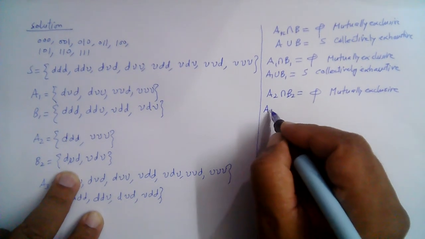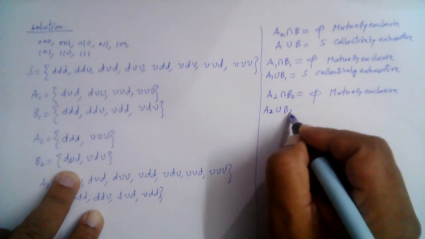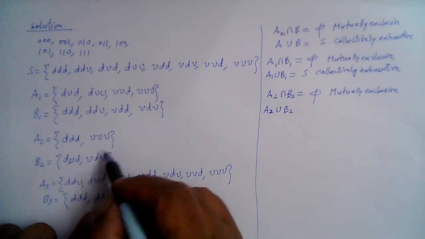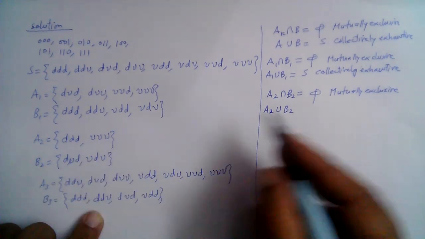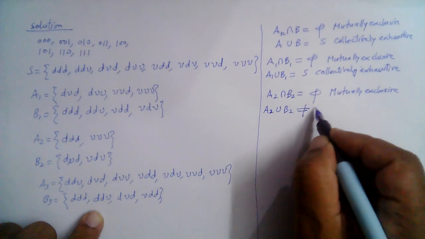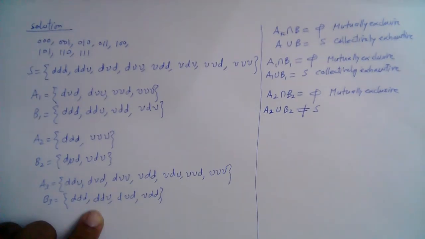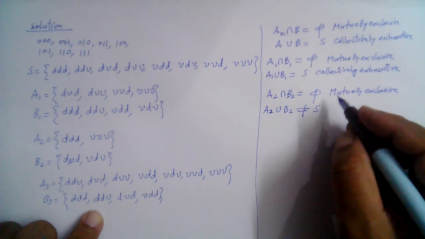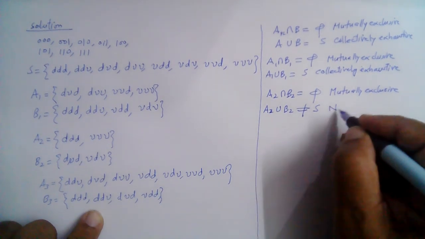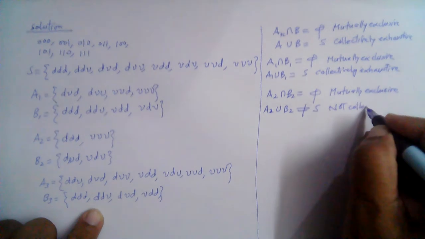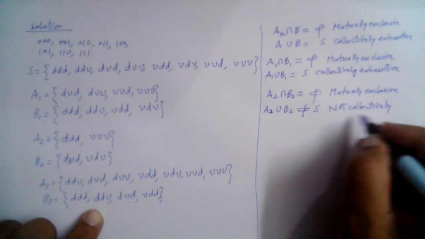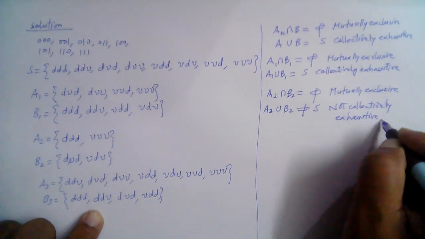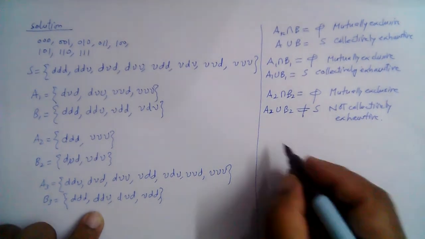But does their union produce the sample space? So the answer is no. If we combine the elements of both these sets and we find the union, then this does not give us the sample space. So not collectively exhaustive.